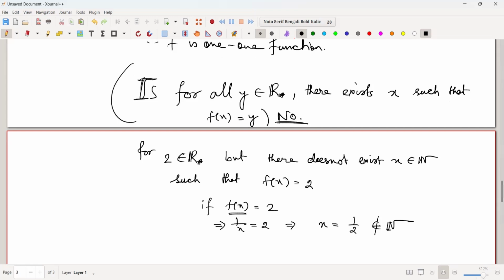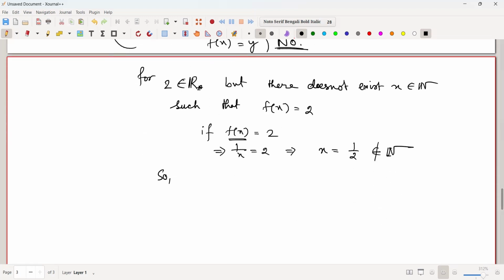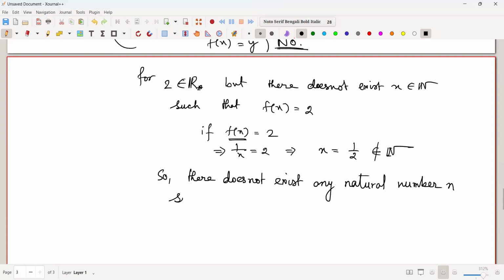So there does not exist any natural number n such that 1 by n equals 2. Therefore, f is not an onto function.